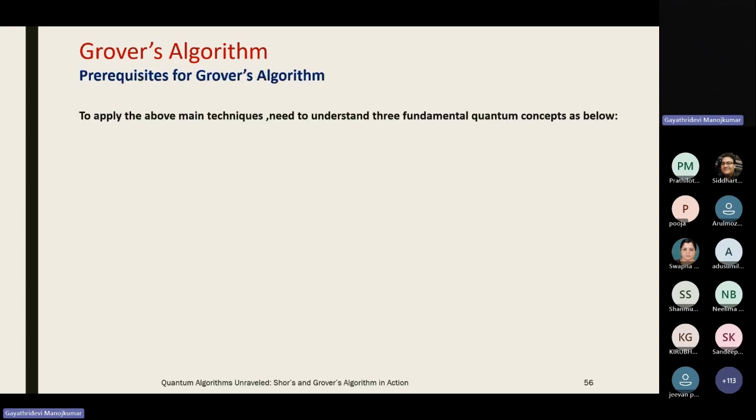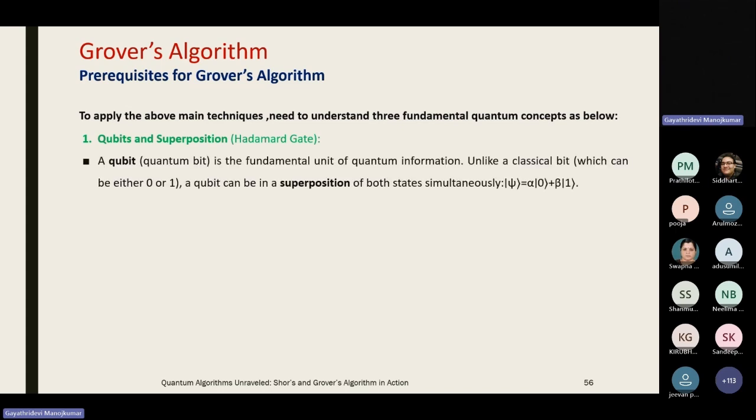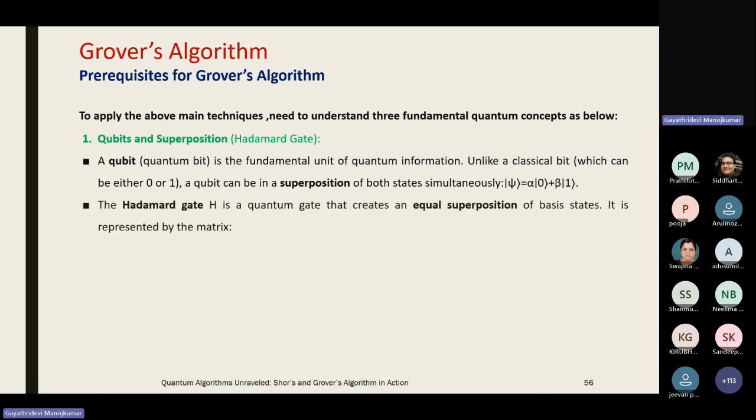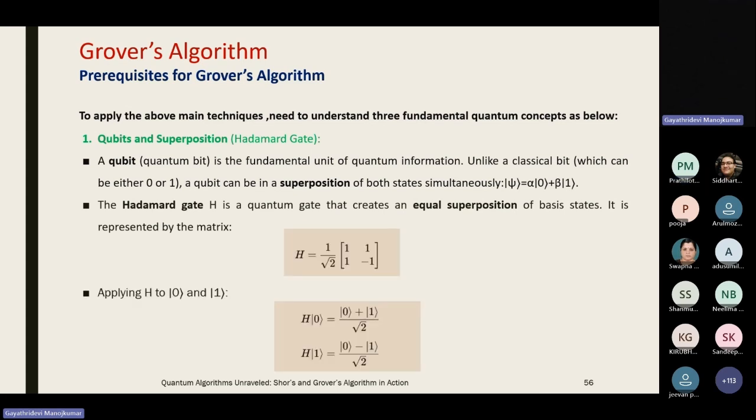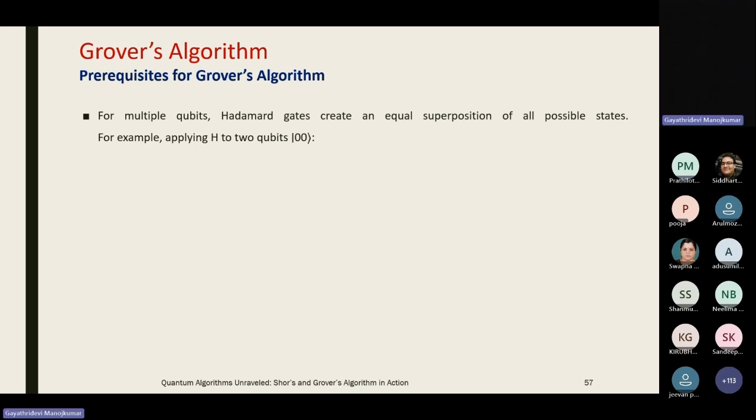To learn about Grover's algorithm, we first need some prerequisites, that is, the fundamental quantum concepts. The first one is the qubit and superposition. To achieve superposition, we need to use a Hadamard gate. You always know that the qubit is a fundamental unit, and the Hadamard gate is applied on the qubit to create an equal superposition.